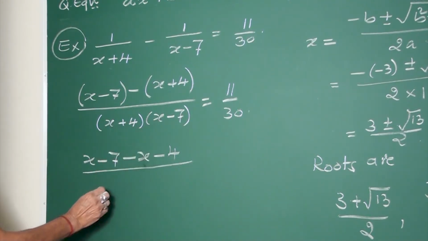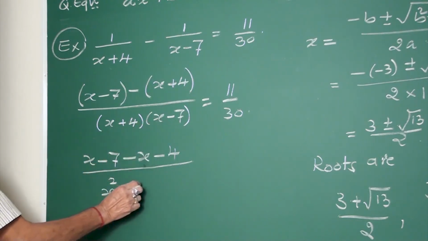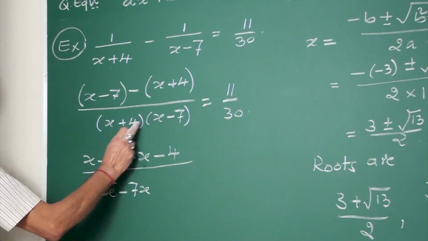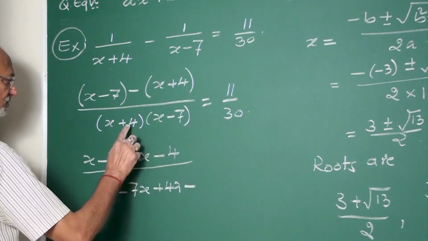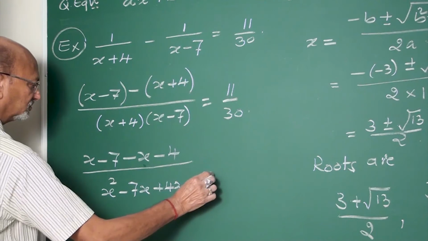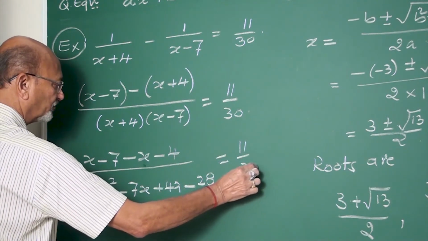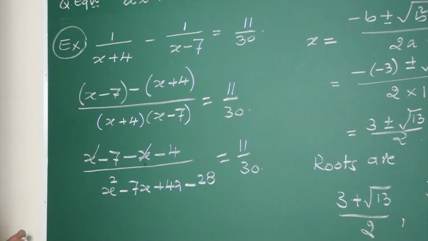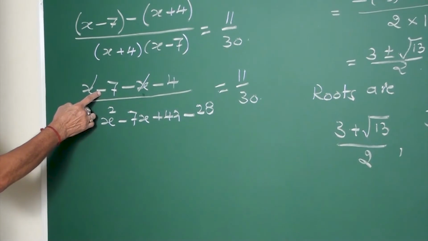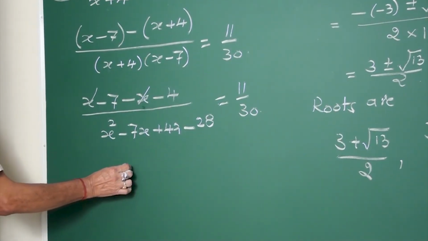It is x into x is x square, minus 7x plus 4x minus 28, equal to 11 upon 30. What cancels, my friend? Plus x cancels with minus x. It is minus 7 minus 4, which is minus 11.